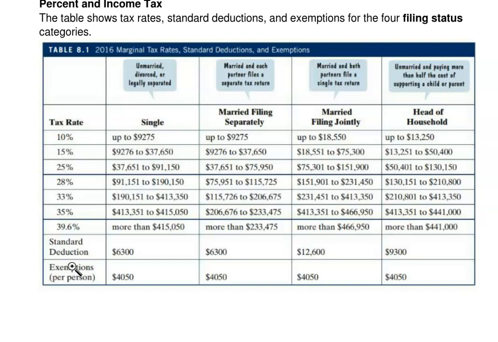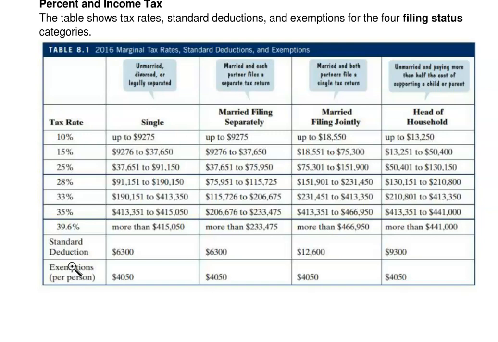If you go above that amount, from $9,276 to $37,650, in that region, you're going to pay 15% in taxes. So you still pay 10% for the first $9,275, but anything after that, up to $37,650, you're going to pay 15% of that in taxes. Again, this is assuming you're single. You're filing as a single.